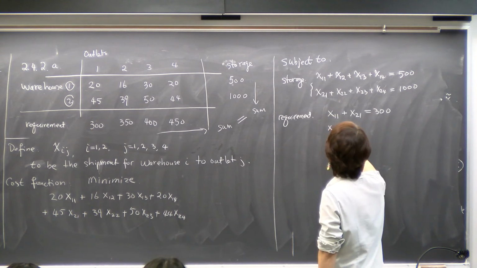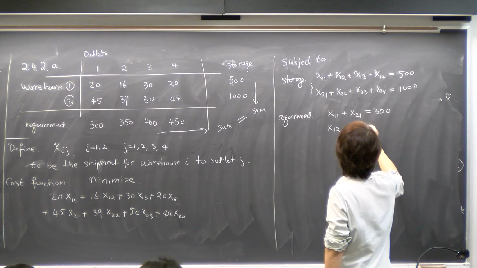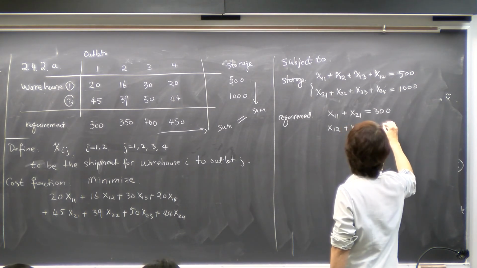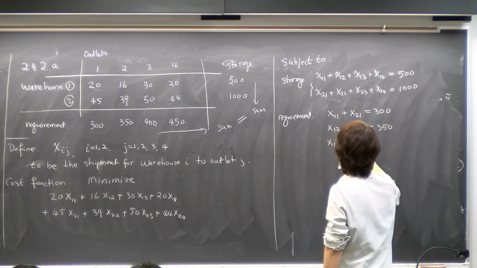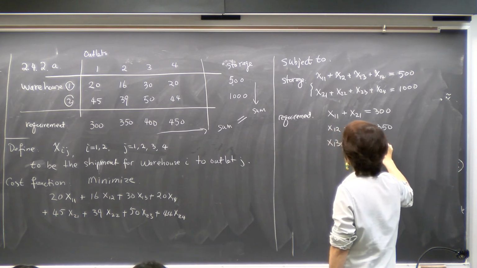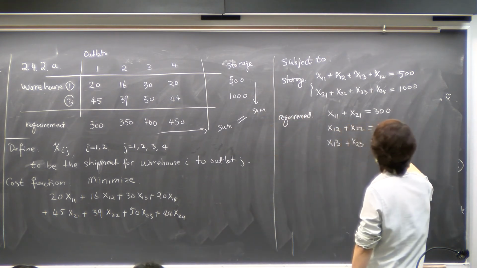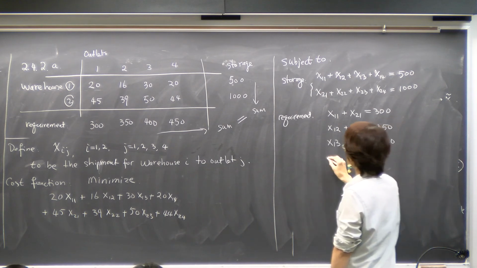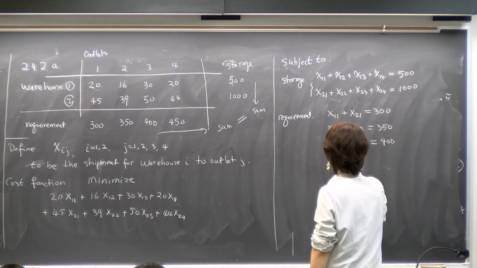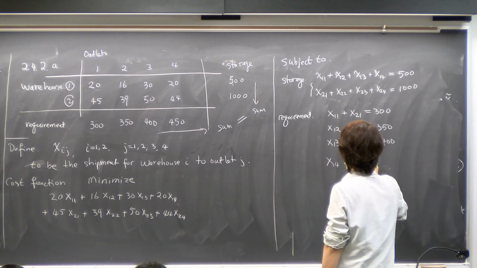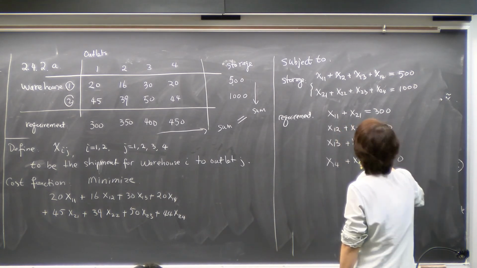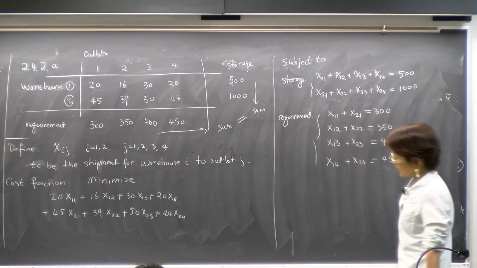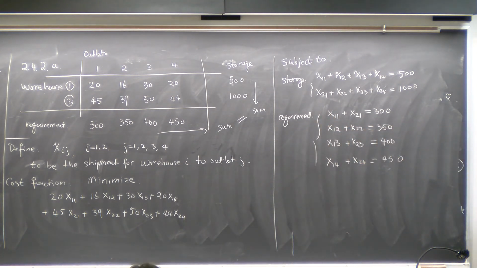So you have x12 plus x22 is 350, x13 plus x23, if you add that up, I get 400, and x14 plus x24 is 450. So this is the other bunch of your constraints.